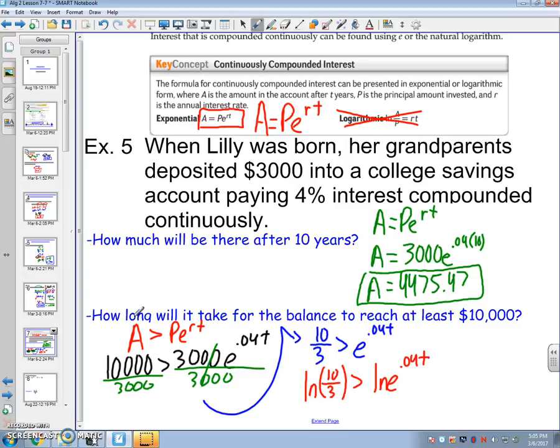Well, this cancels, this goes in front. So I'm at ln of 10 over 3 is greater than 0.04t. All I'm going to do is divide by 0.04, and I'm done.